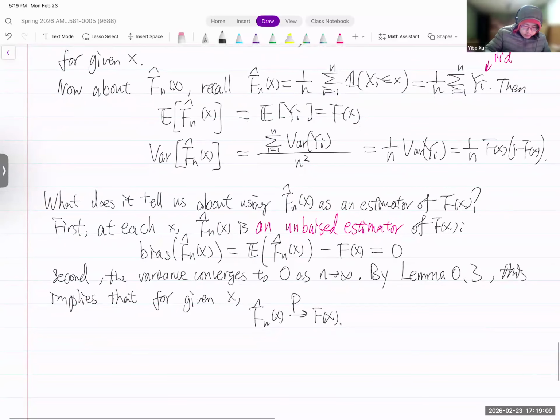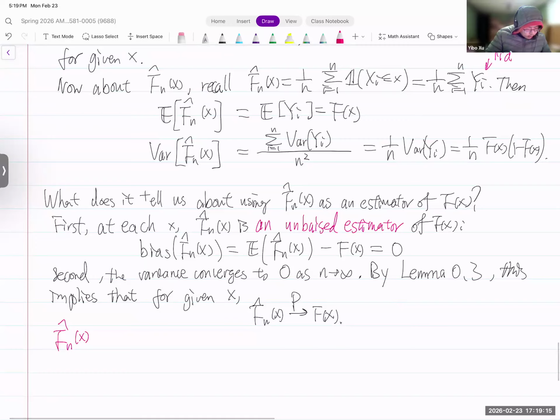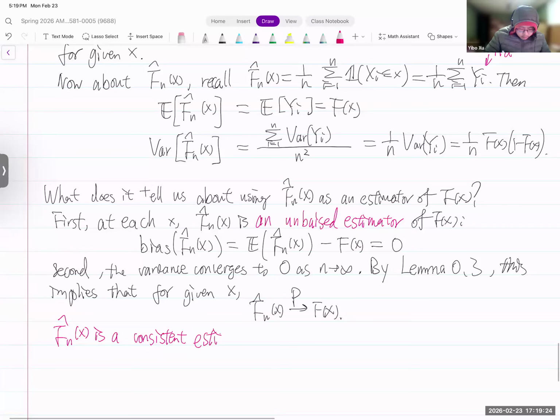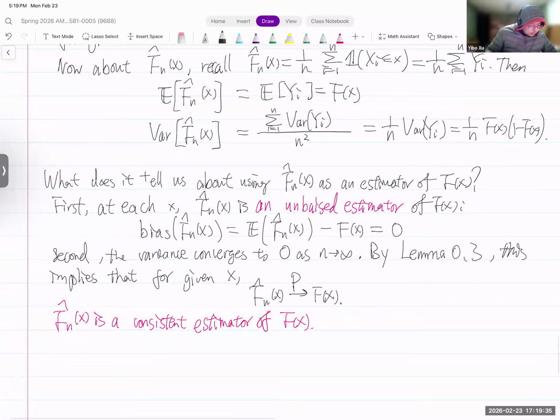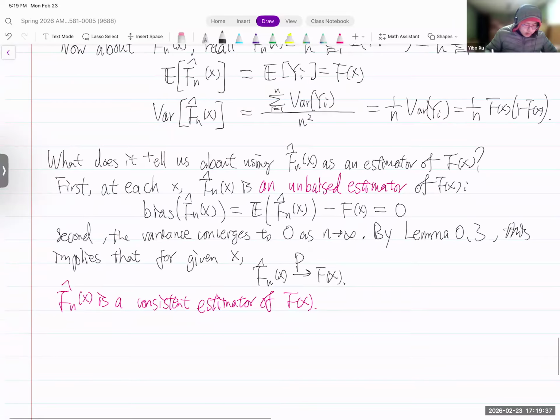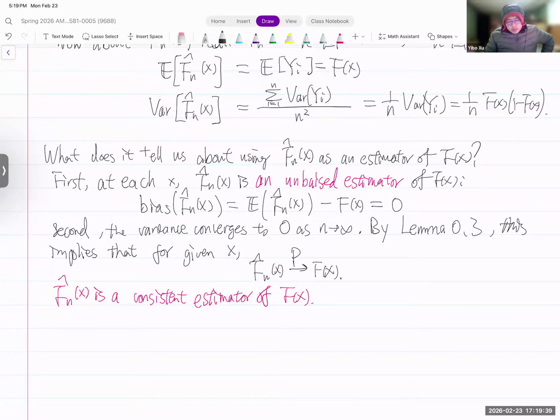So f hat of n, f hat n is a consistent estimator, okay, of the CDF. So that's the convergence in probability.